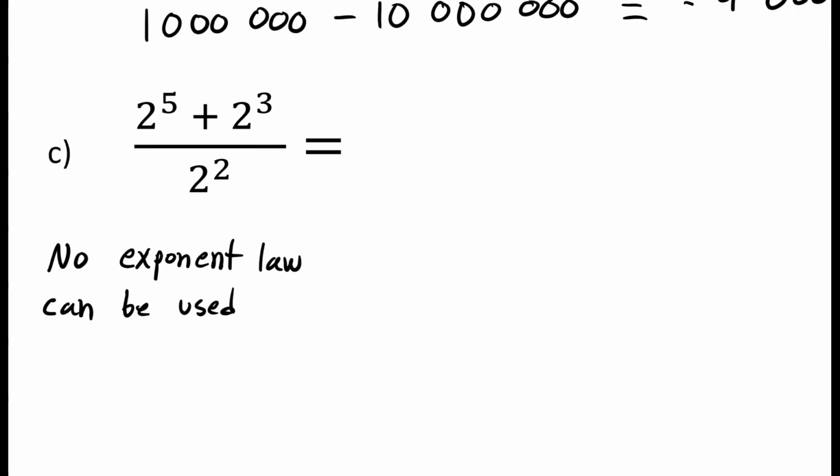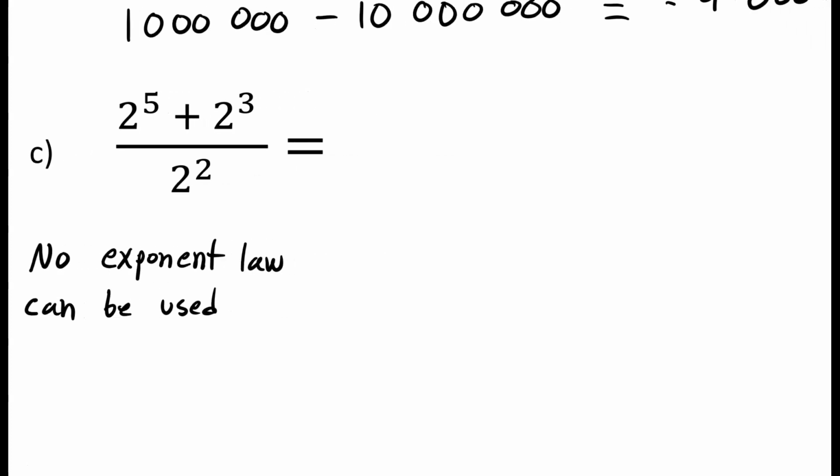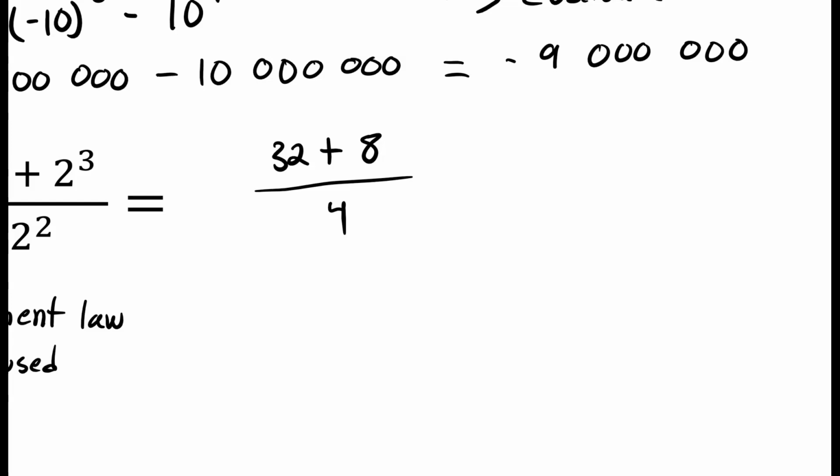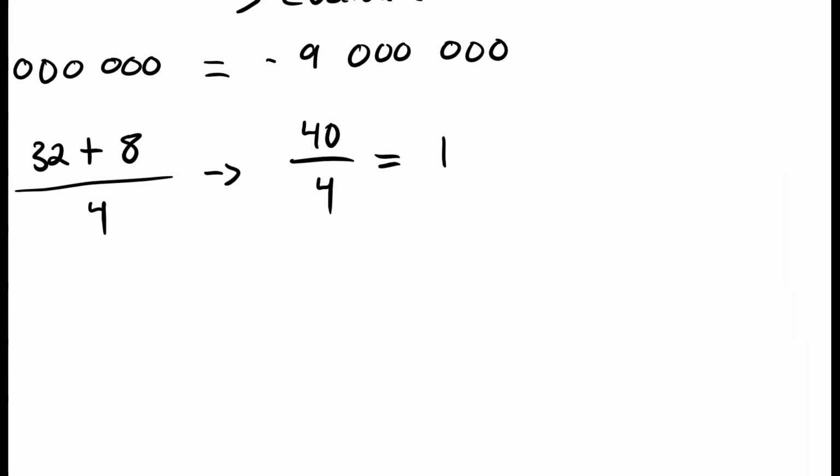This means that we have to solve for 2 to the power of 5, which is 32, plus 2 to the power of 3, which is 8, over 2 to the power of 2, which is 4. So we're evaluating for those. Next, we want to go to 32 plus 8, which gets us 40 over 4. And our last thing to do is 40 divided by 4, which equals 10.